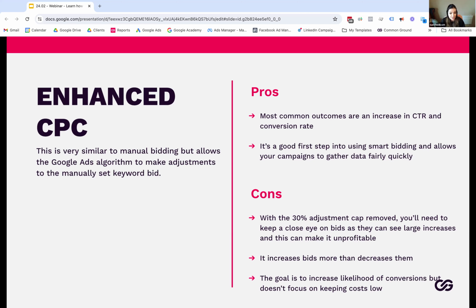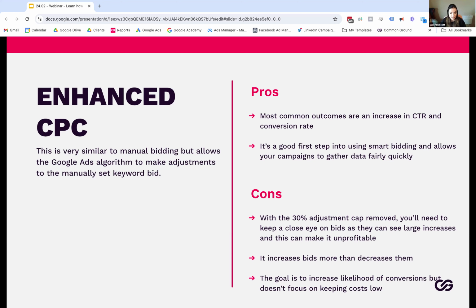They used to have a bidding adjustment cap of 30%. So if you set it to £1, it's not suddenly going to jump up to £10 cost per click. However, this has been removed, so you do need to keep a close eye that your CPC isn't getting so high that it's no longer profitable to bid on that campaign.